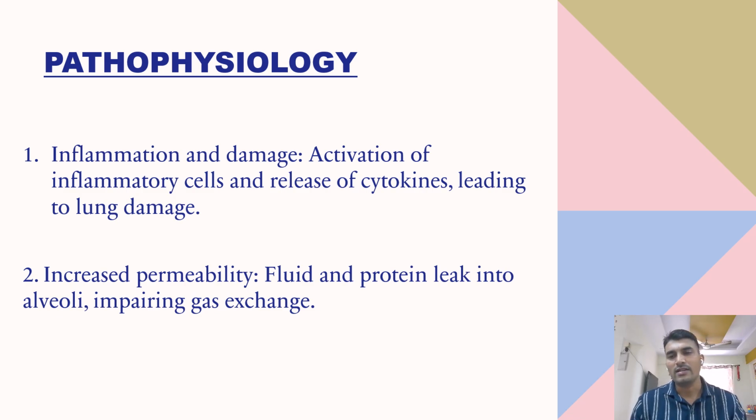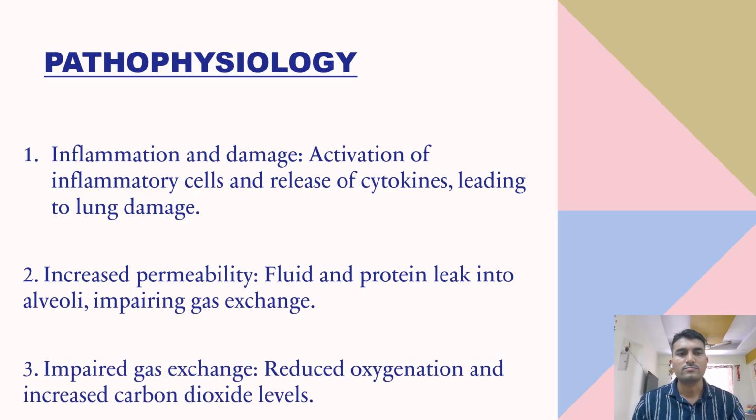So what happens basically, any bacterial infection which is already present in the body, the patient is in sepsis, that leads to activation of the inflammatory cells, and that damages the lungs, the cells of the alveoli, and there appears increased permeability to the fluids, and the alveoli get filled with the fluids, and ultimately lead to impaired gas exchange, that is reduced oxygenation and impaired carbon dioxide levels.